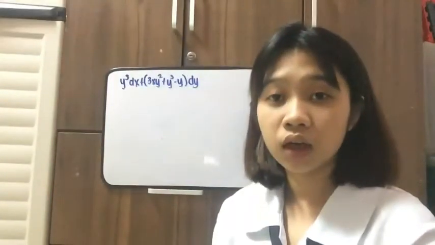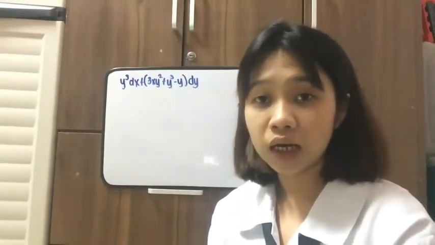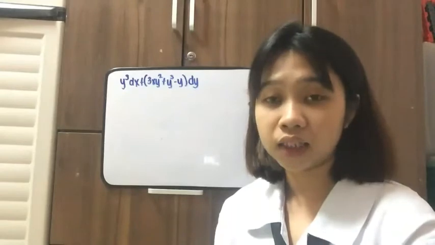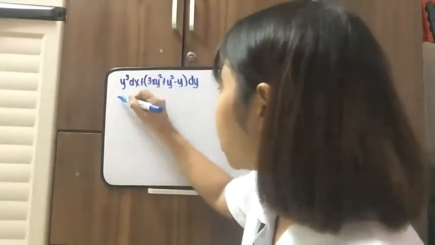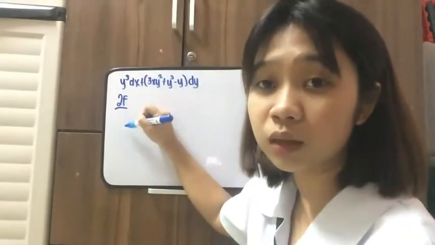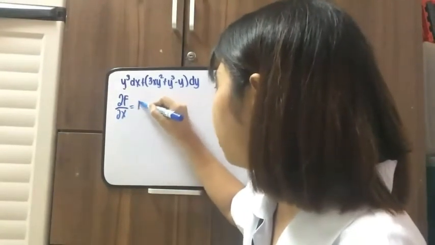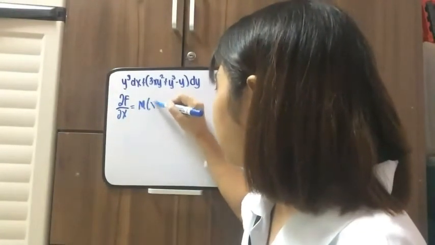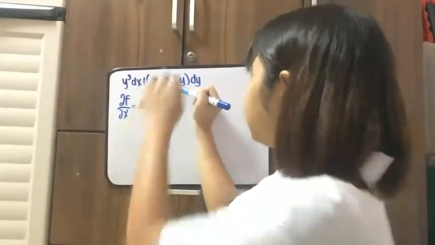And since we have solved for its exactness, this is not the last step. Our last step is to solve for our exact DE. And in order for us to do that, we have partial derivative of f with respect to, unahin muna natin, with respect to x. Partial derivative of f with respect to x equals M, quantity of x and y, or simply x and y.